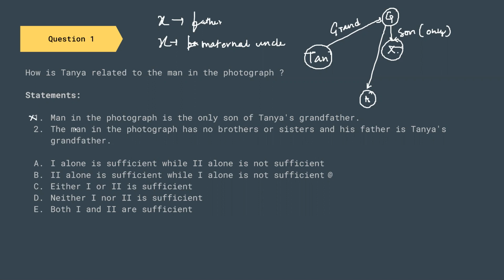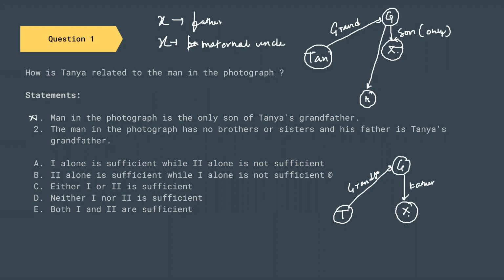But when we look at the second statement, the man in the photograph has no brothers or sisters, and his father is Tanya's grandfather. So the man in the photograph X has no brother or sister, and Tanya's grandfather is his father.